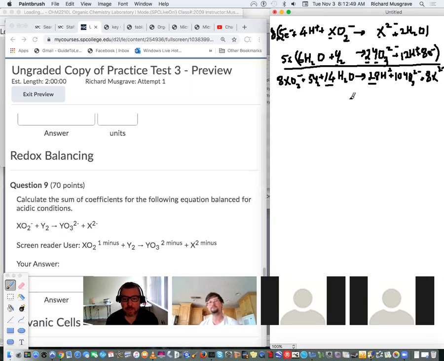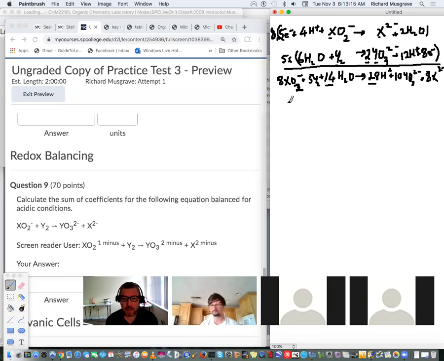Let's look at the charges. We have a total of -8 on the left. We have 28 minus 20 is 8, minus 16 is -8. So -8 and -8. So that is definitely balanced.